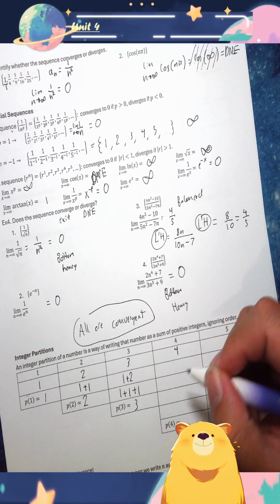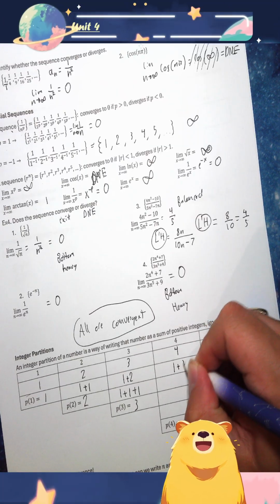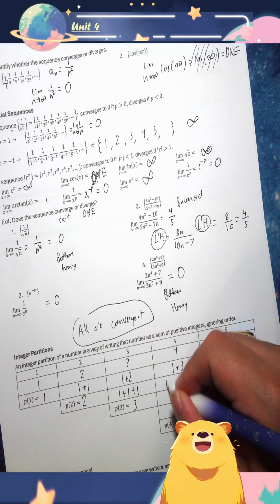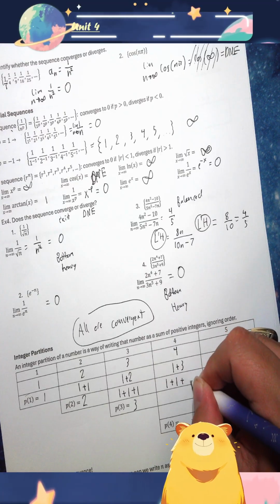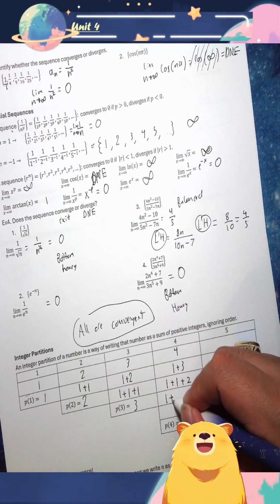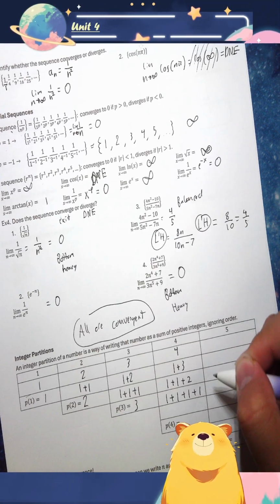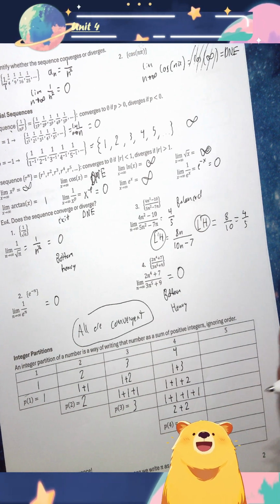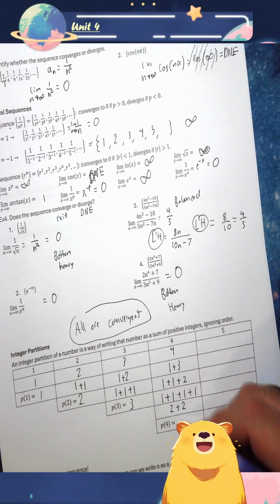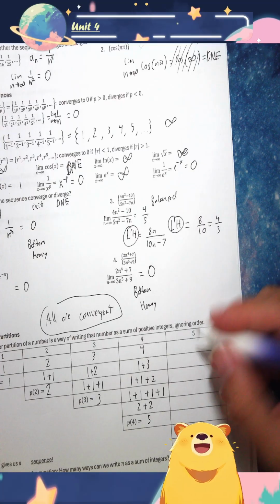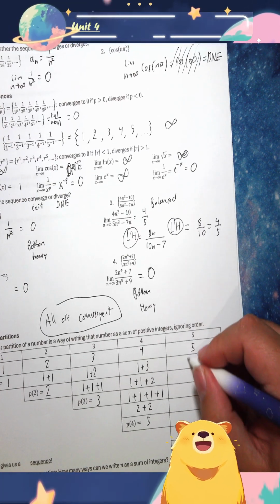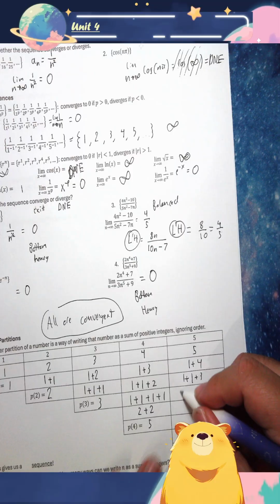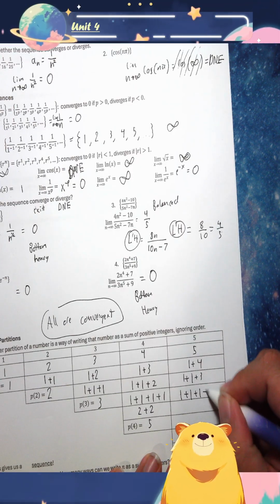You have 4. You have 1 plus 3. Then you have 1 plus 1 plus 2. Then you have 1 plus 1 plus 1 plus 1. And then now I'm going to jump to 2 plus 2. And then that's it. So count them, you have 5. Then for 5, you have 5. You have 1 plus 4. 1 plus 1 plus 3. 1 plus 1 plus 1 plus 2.